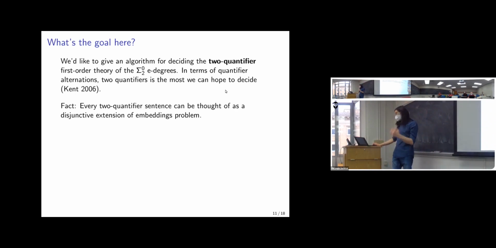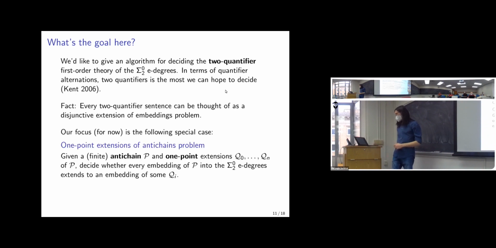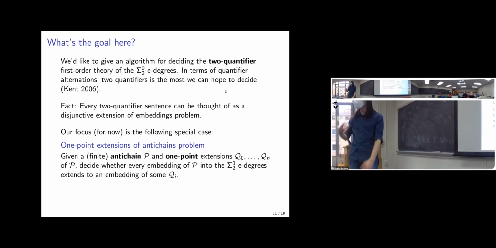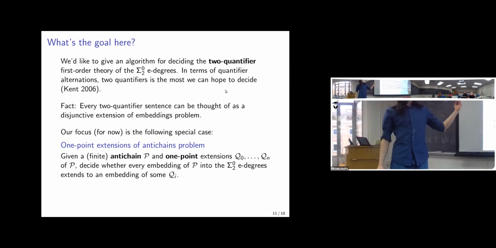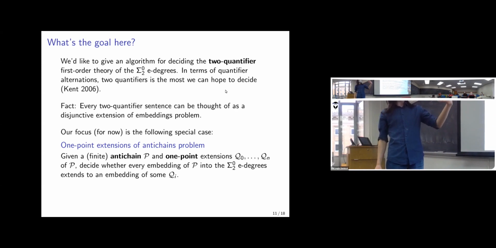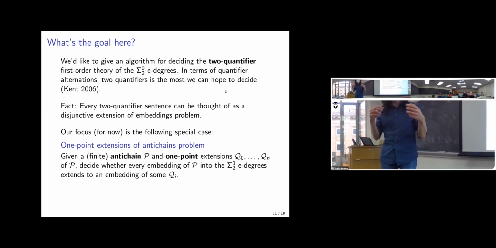For now, we are focused on the following special case, which I will call the one-point extensions of anti-chain problem, because there are several restrictions that we're making here. So here's the problem. You're given a finite anti-chain P, and finitely many one-point extensions of P. A one-point extension is one where you add a new element.